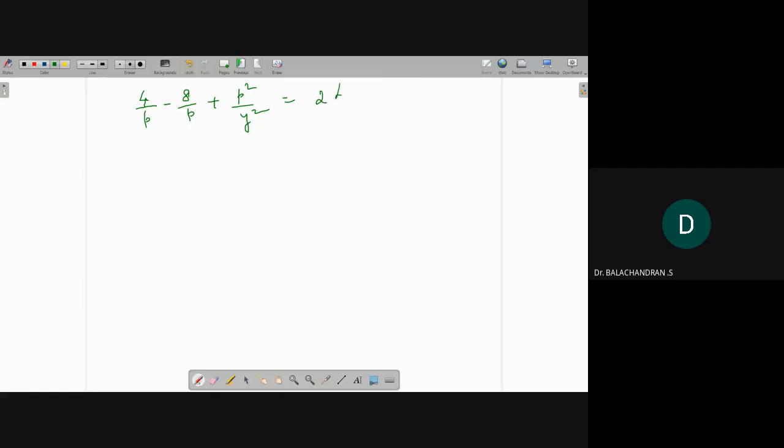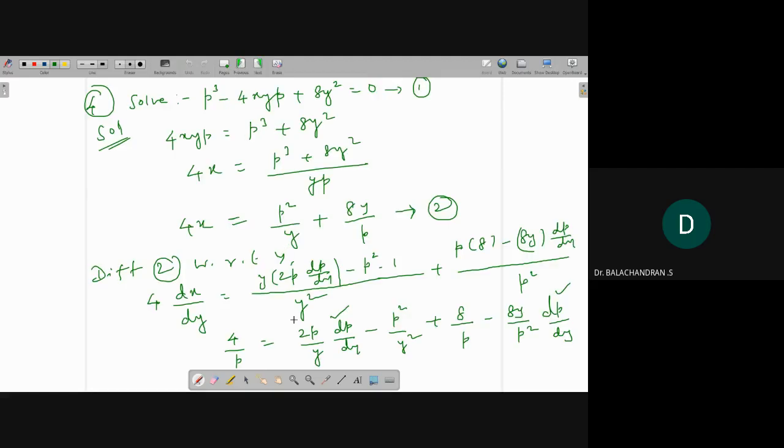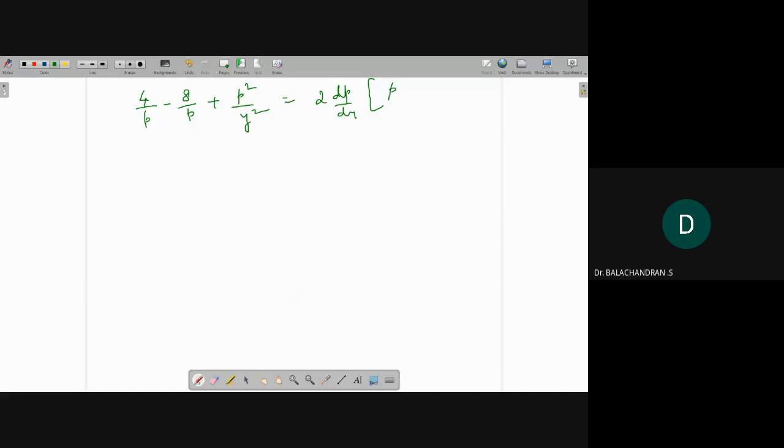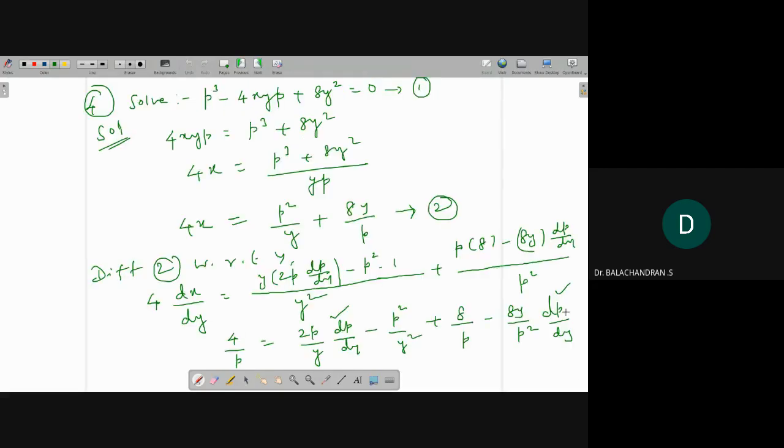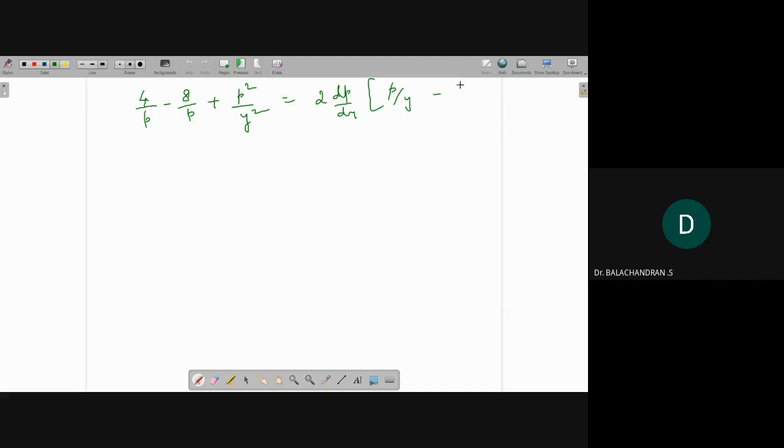Remaining is p by y minus 4y by p square, 4y by p square.